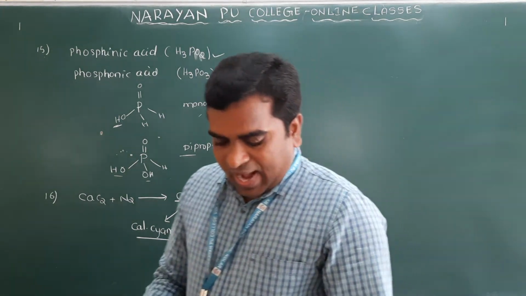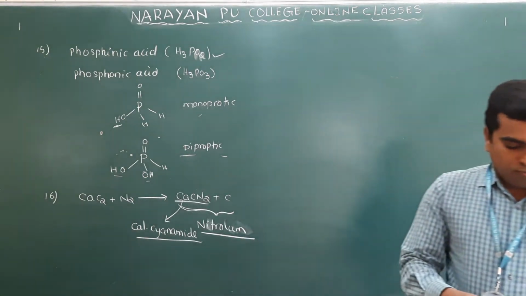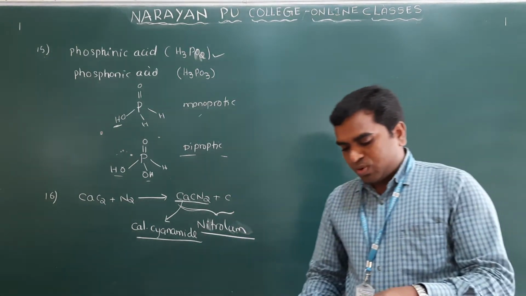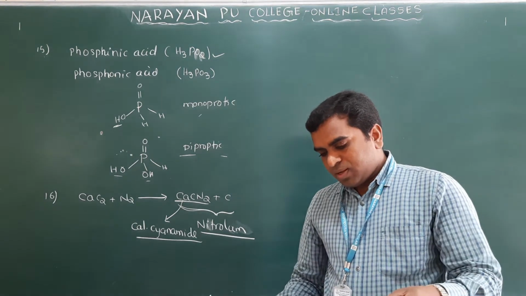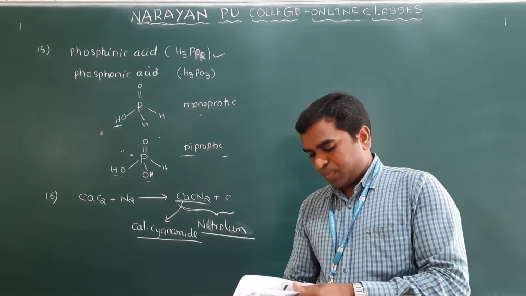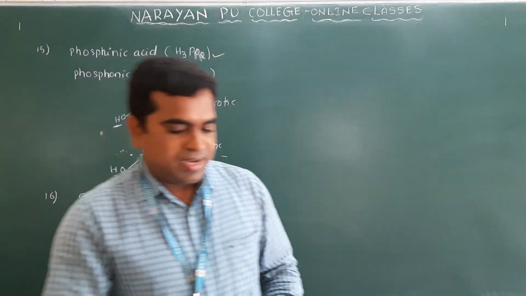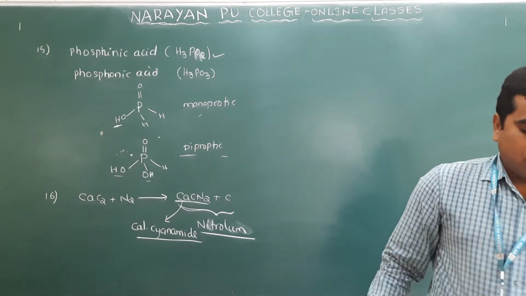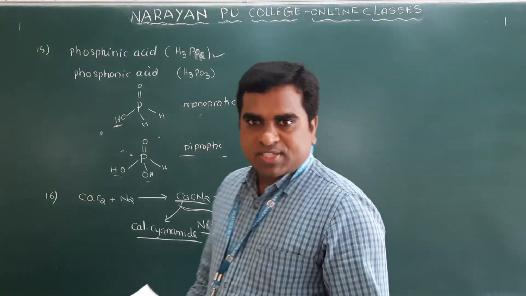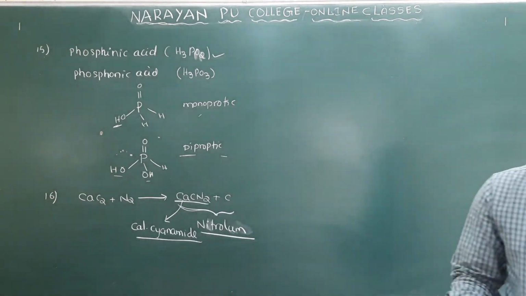For that, open volume 5, page number 19. Clear? Synopsis is also given. Once you go through the synopsis, try to do these questions also.